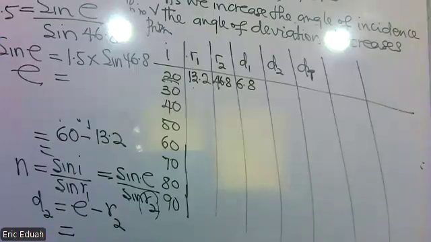Why is there a math error? Because you started with the smallest number. You see, some angles are not applicable. So in the laboratory, when we are doing this, the least angle we even begin with is somewhere 30, 40.